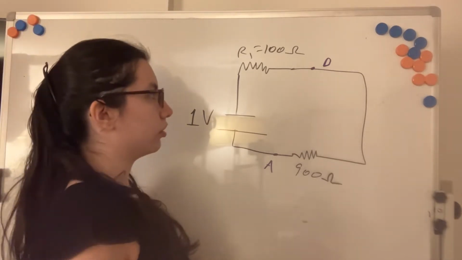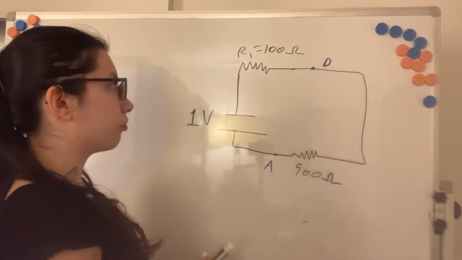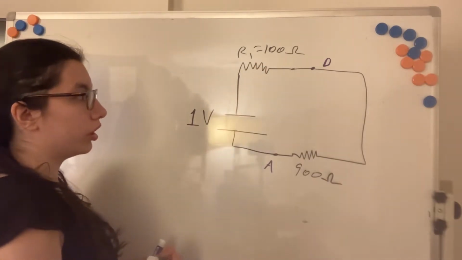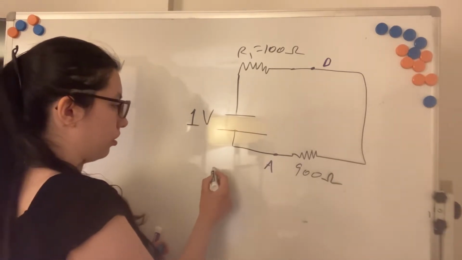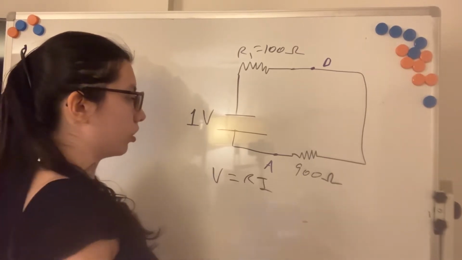Well, we can do it. It is very simple. First, we can calculate the current flowing by Ohm's law. We have voltage is equal to resistance times the current.